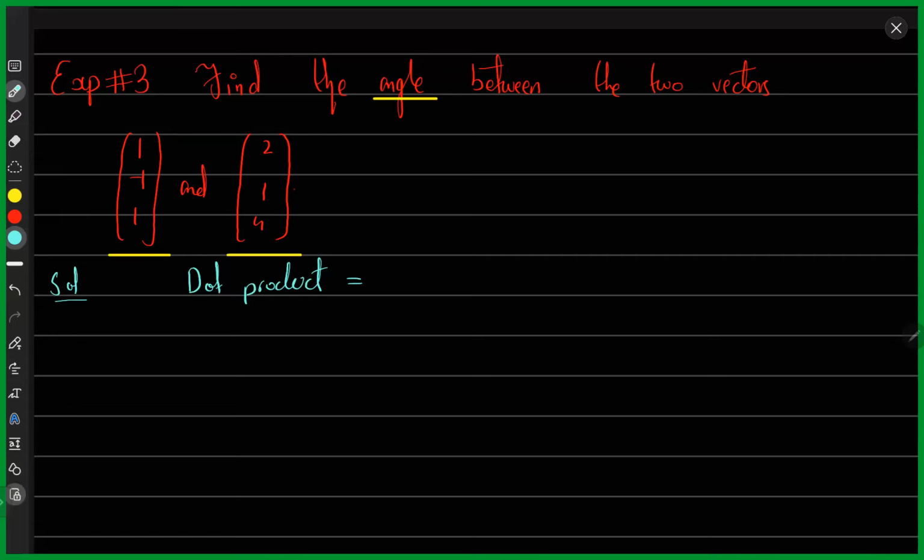So let's give them names. Let's say this is A and this is B. Okay. The dot product A dot B is basically the magnitude of A into magnitude of B cos theta.